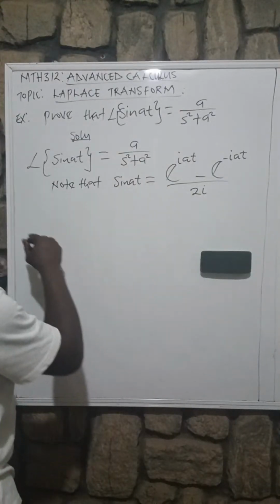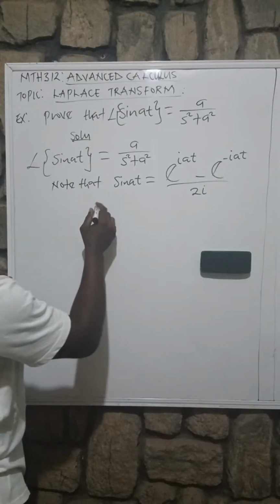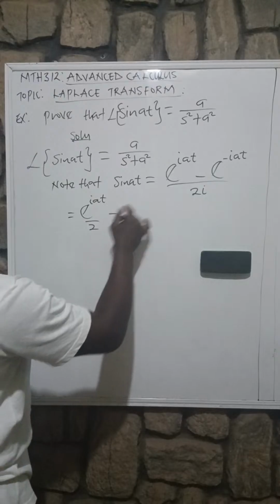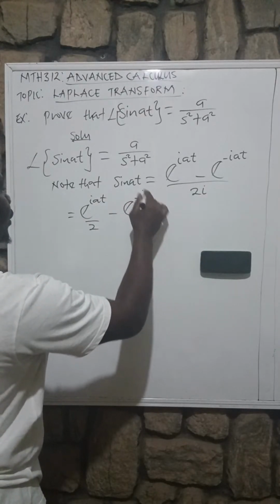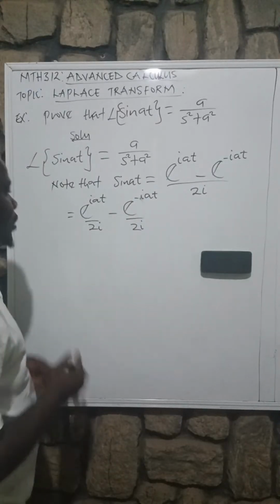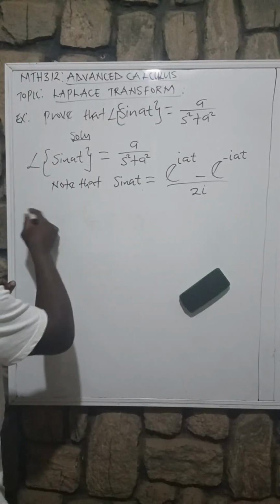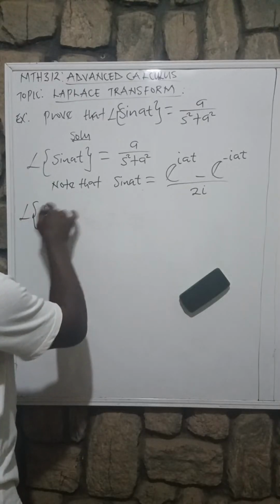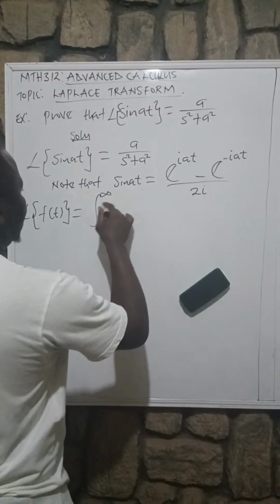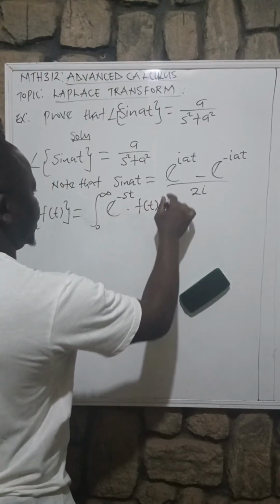If you agree with me, it implies that instead of Laplace of sine at, we are going to write Laplace of exponential i at all over 2i minus exponential minus i at all over 2i. Do you agree with me? So let's define our Laplace transform. Laplace of f of t is equal to the integral from 0 to infinity of exponential minus st times f of t dt, right?